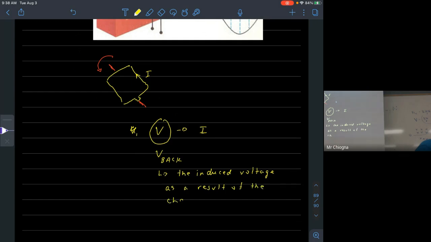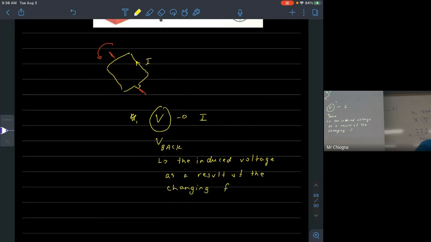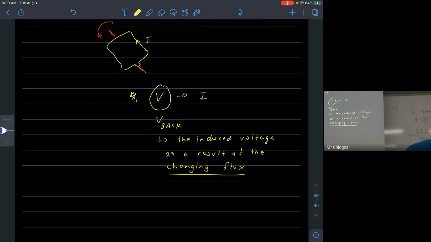Why is there a changing flux? Because you're spinning the coil. Magnetic field lines are cutting through it. It's perpendicular, parallel, perpendicular, parallel, right? So you're changing the flux, so you get a voltage, which then results in the current.